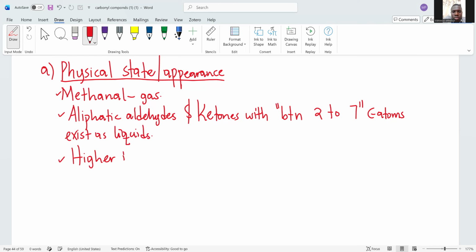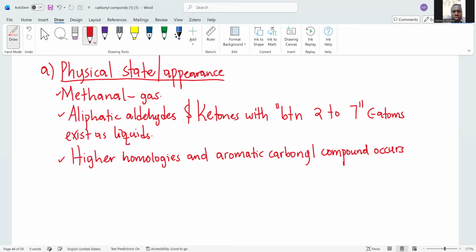Higher homologies and aromatic carbonyl compounds occur as solids.